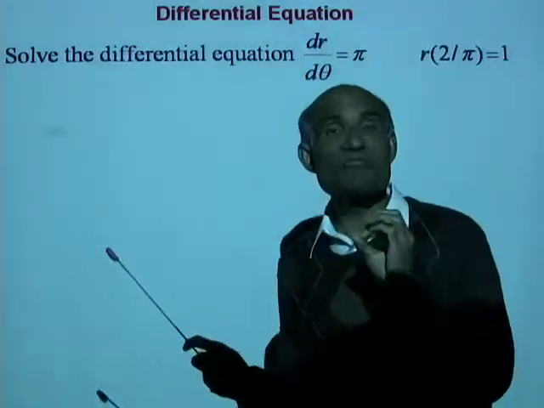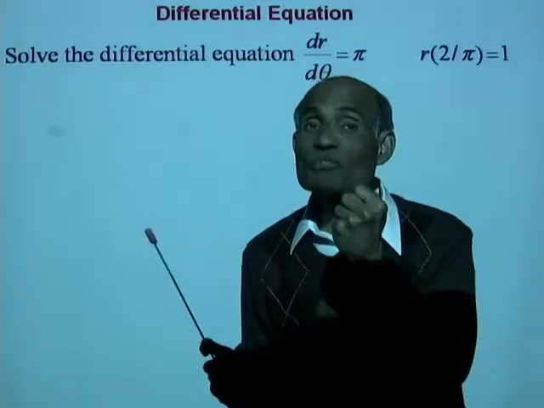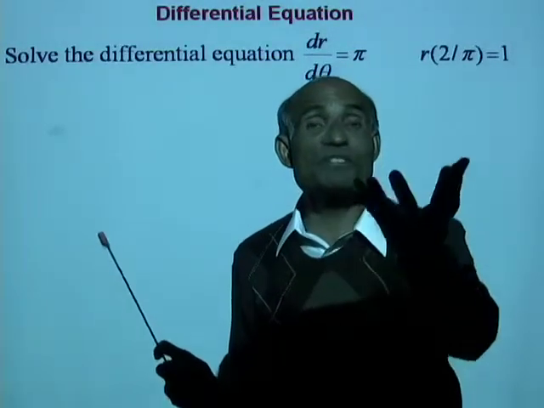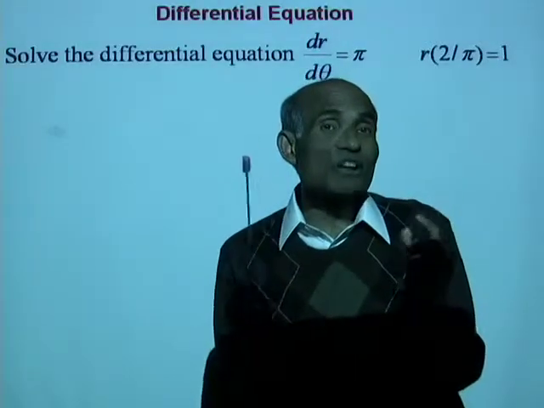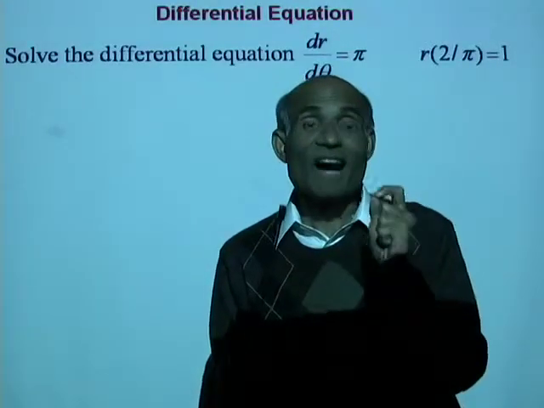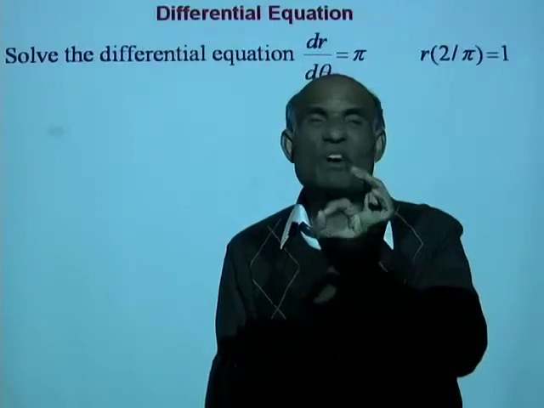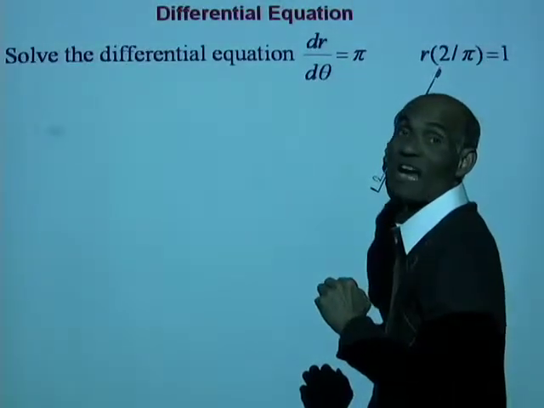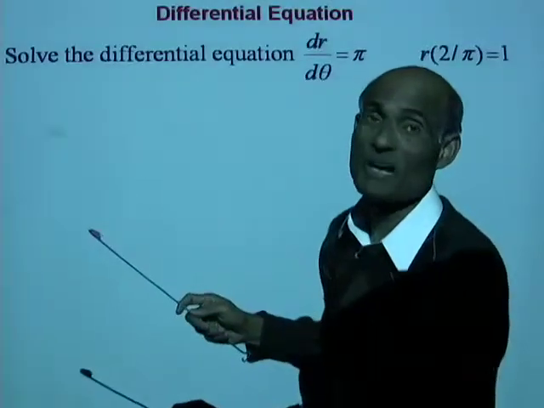That information will help us to find the value of that elusive constant. You see that every integration comes with a constant? And in order to find the identity of that constant, we need some information like this. I will show you how that is done.